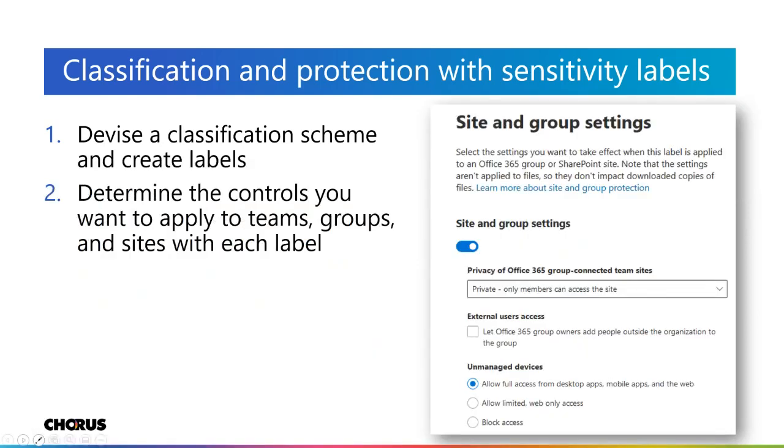For each of those labels we create, we're then going to determine which controls we want to apply to our teams when they have that label. In this case, you can see that when this label is applied, we're saying the team must be private.